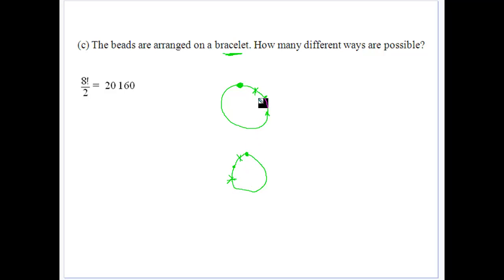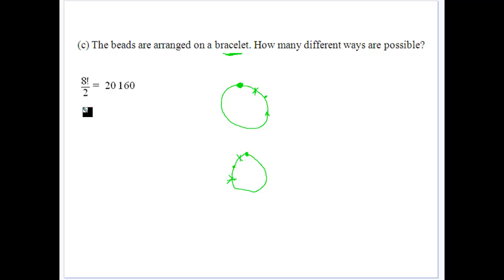Really, if I had all these other elements in this arrangement, at some stage that arrangement would happen around here as well, but I'm already seeing that when you turn a bracelet over, you are getting the same look but from a different side, which is basically saying, well, that arrangement has already occurred.